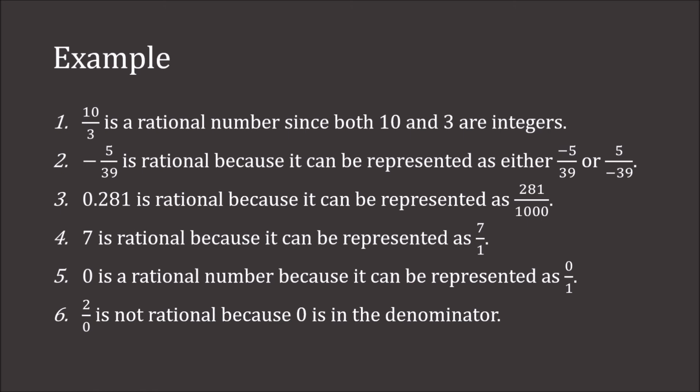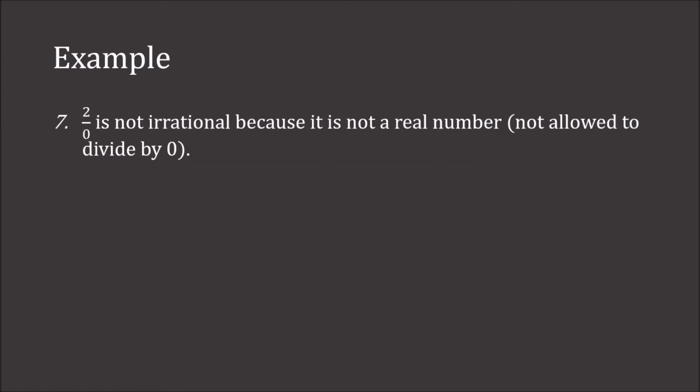Remember, the definition said the denominator cannot be 0. However, 2 over 0 is also not irrational because it's not even a real number. Remember, you're not allowed to divide by 0.